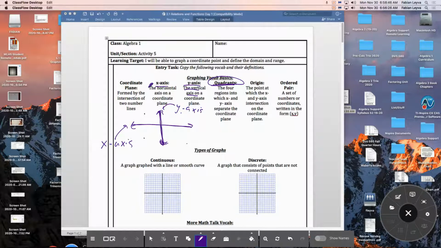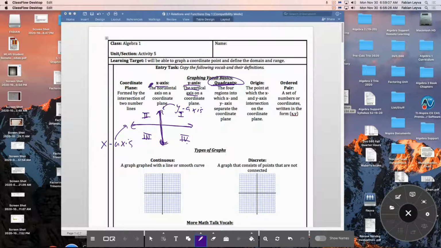Now, we actually have a special way of numbering these, and it works like a backwards clock. This first one over here is called quadrant 1. This one over here is called quadrant 2. This one right over here is called quadrant 3, and then this one right over here is called quadrant 4. Keep in mind that I wrote those in Roman numerals.